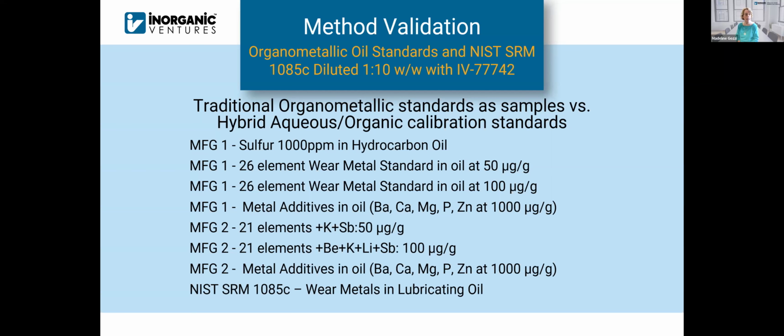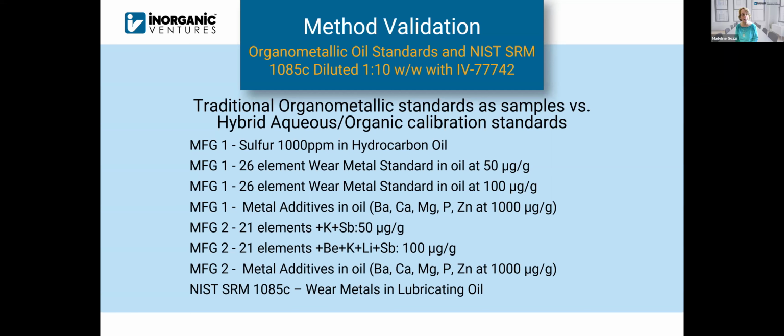The NIST, as you see here, is named wear metals in lubricating oil. The diluent for all of these samples was our solvent IV-77742, including the cobalt and yttrium at 15 ppm and 5 ppm respectively in the diluted samples.